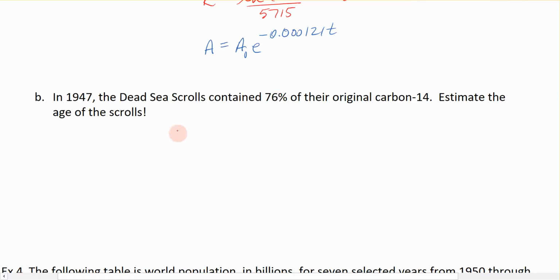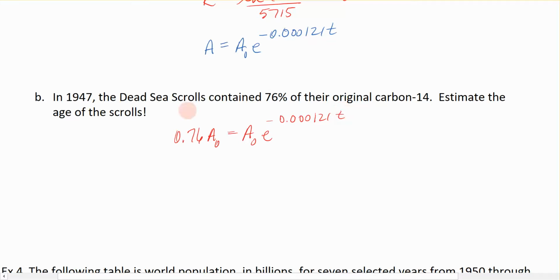So we take 0.76 times my original amount equal to A naught e to the negative 0.000121t and solve for t, because it's 76% of the original amount and we're trying to solve how old it was.